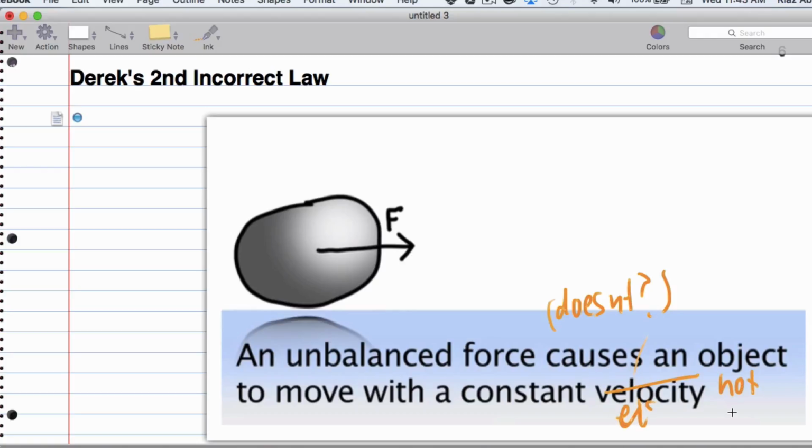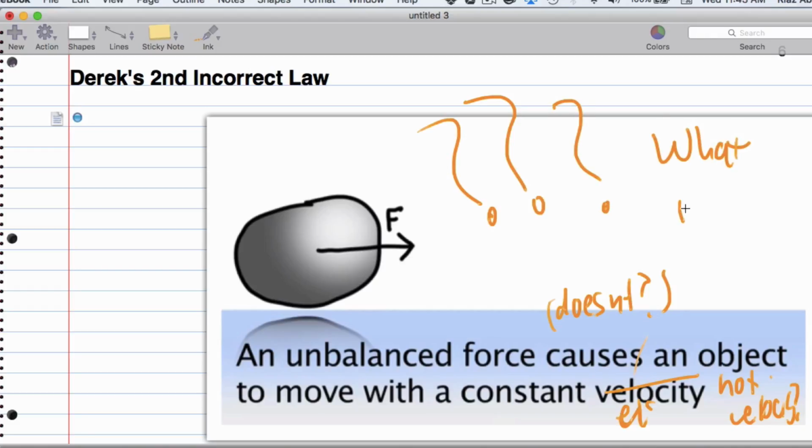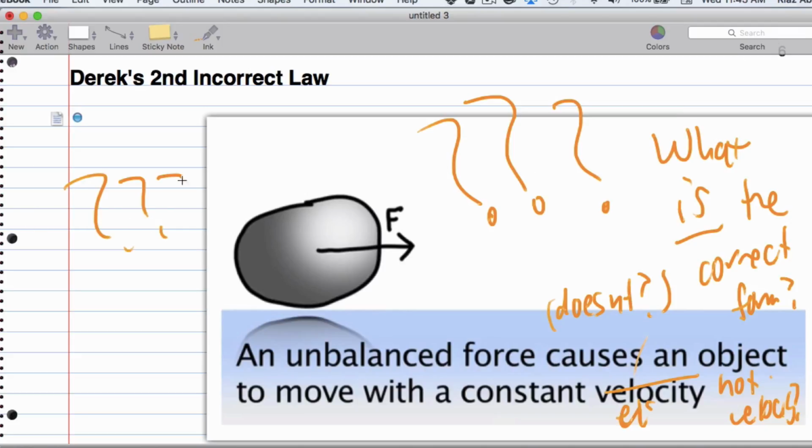Maybe not velocity. Lots of possibilities here, so I'm just going to leave a really big question mark as to what is the correct form. So this one is the big mystery question.